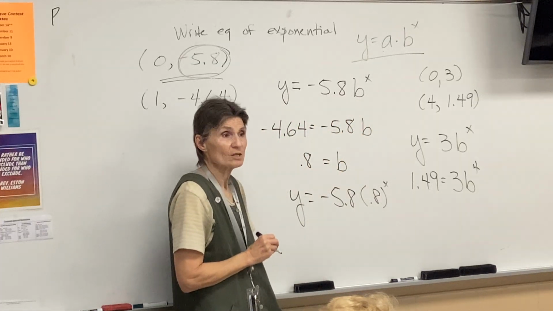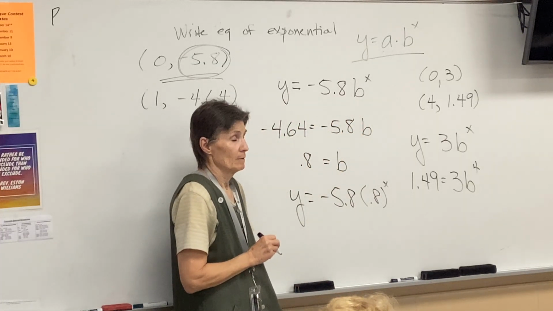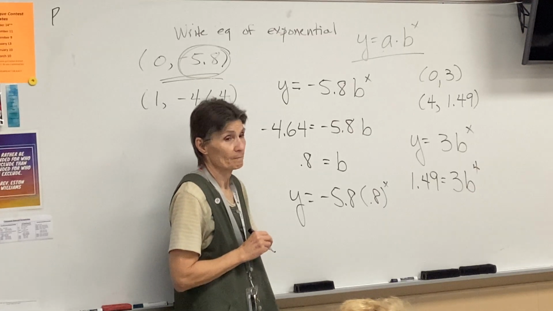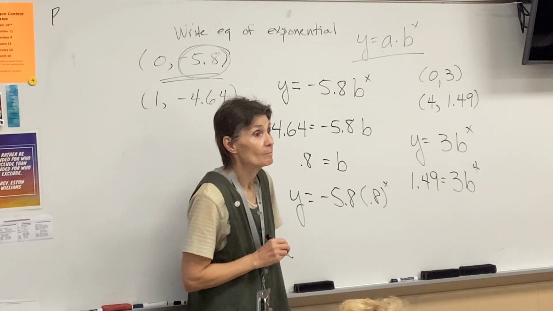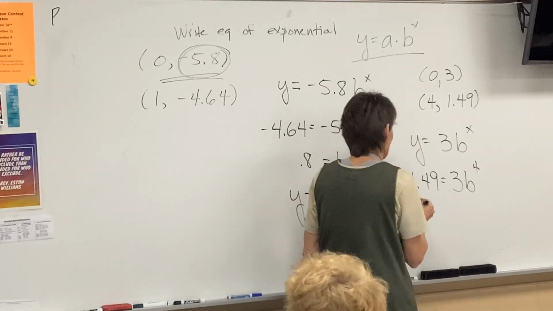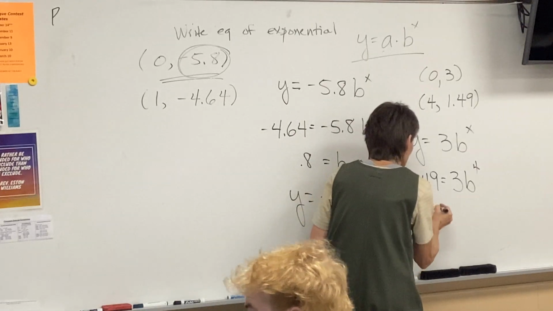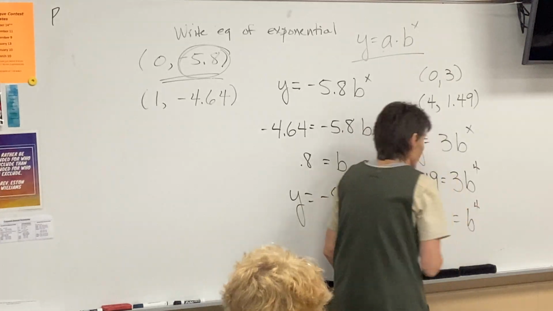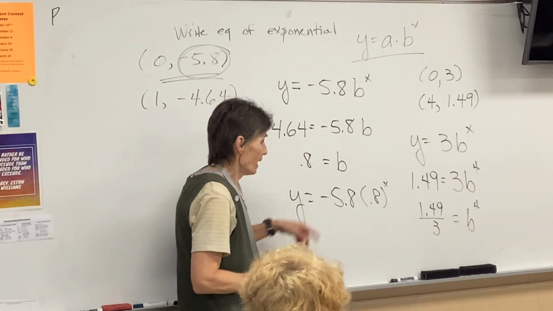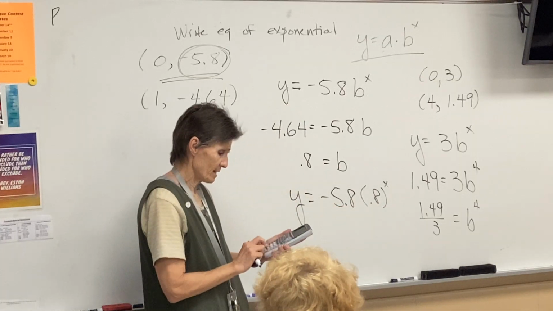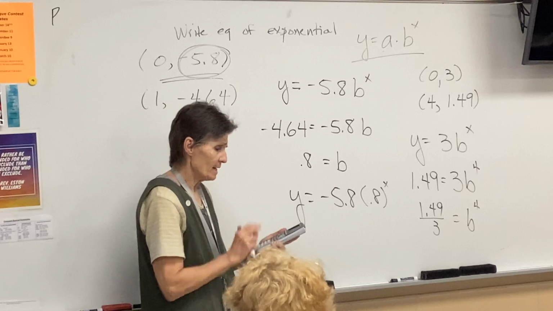Now, we ran into this yesterday. How do I go about solving that? First I divide. So first I'm going to divide by 3. So I have 1.49 divided by 3 equals B to the fourth. I'm thinking that is not a nice thing. It's not.